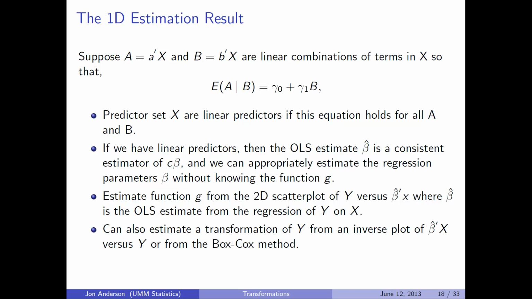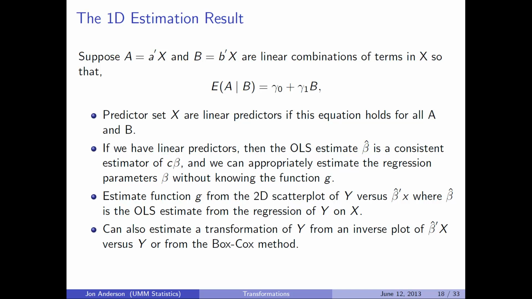And so here we get at quite a bit of a theoretical result, but it's going to have important implications for our lives going forward making models. It's called the one-dimensional, the 1D estimation result. What I'm talking about here is that there is the quantity A, capital A, which is related to a linear combination of our predictor variables.